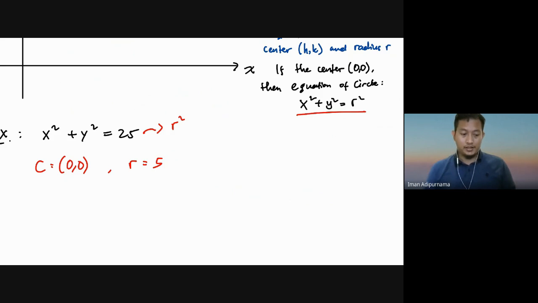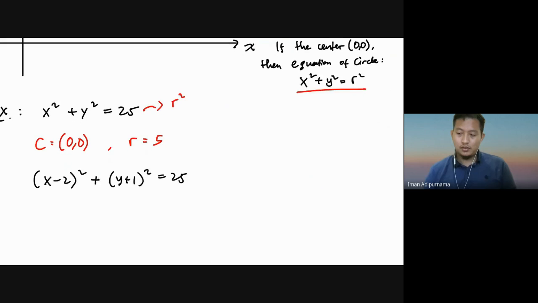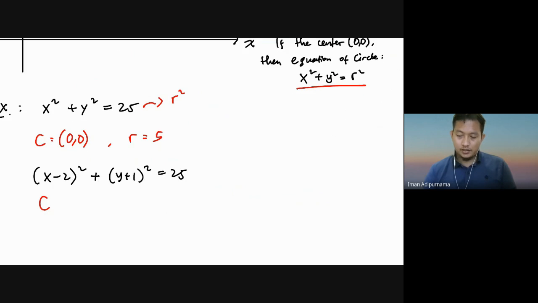If we have x minus 2 squared, this means that the center is 2 and -1, and the radius is also 5.